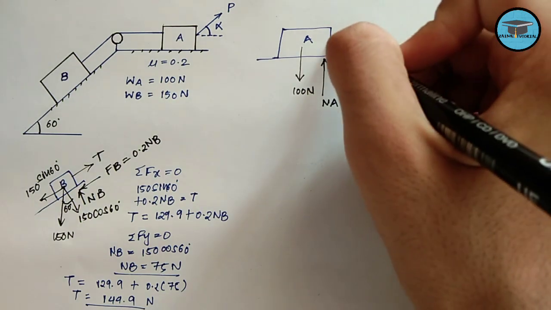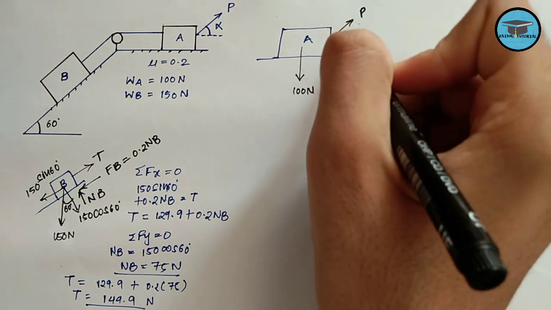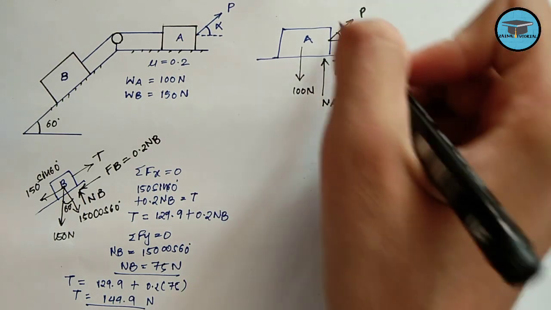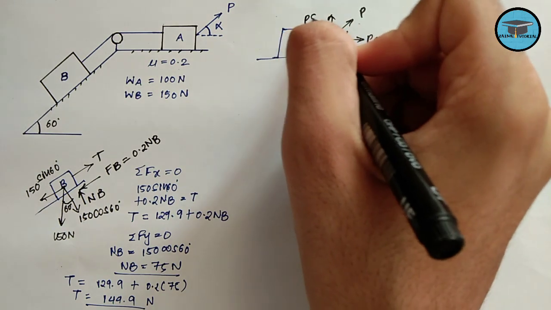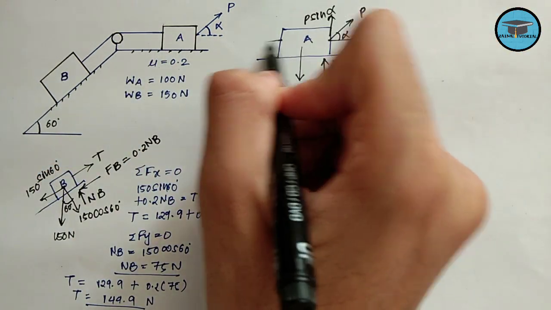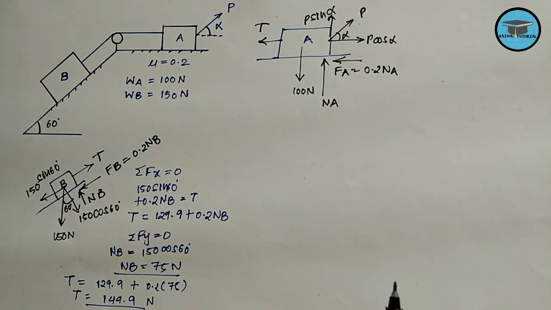Also, there is an external force P, which we need to determine, inclined at an angle alpha. It has two components, P cos alpha and P sin alpha. Also there will be tension in the string, denoted as T. So we have drawn the free body diagram of block A.